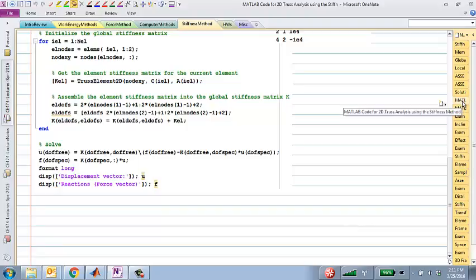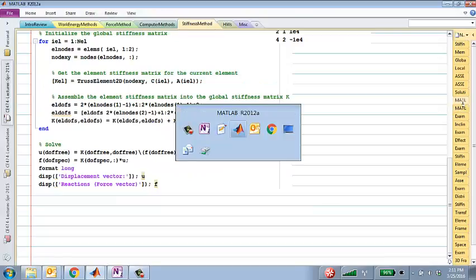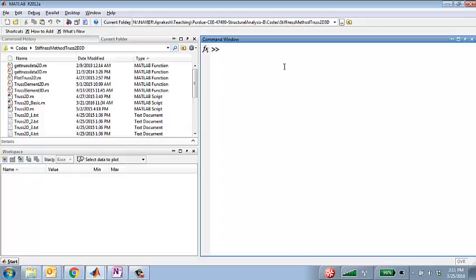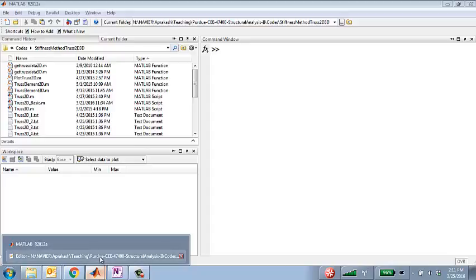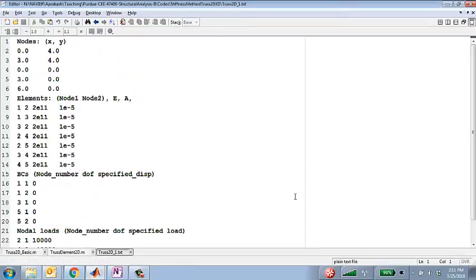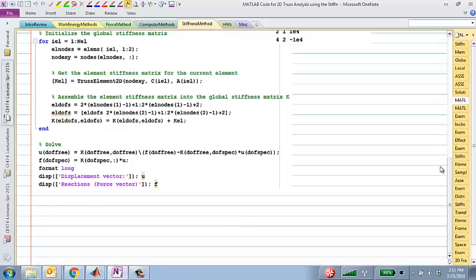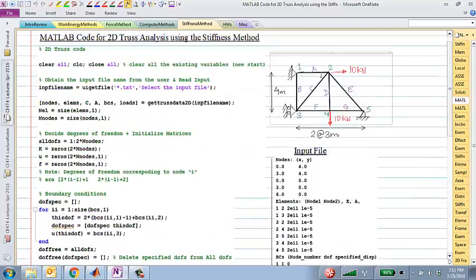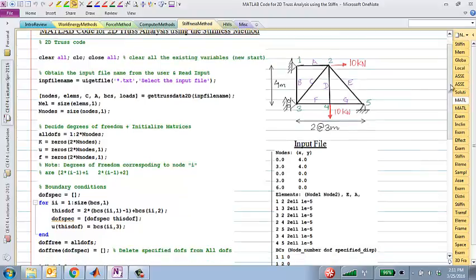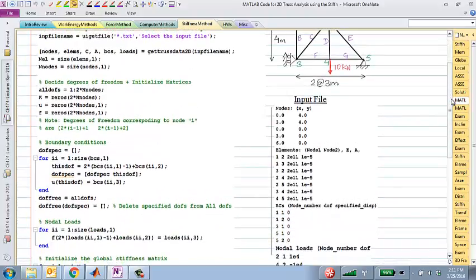So on the MATLAB code that you have on your handout, I'm talking about this truss. Okay. So we have this input file.